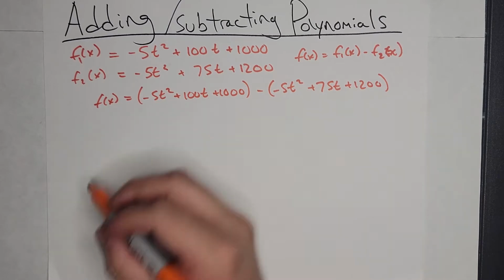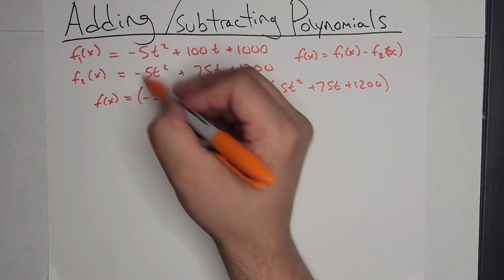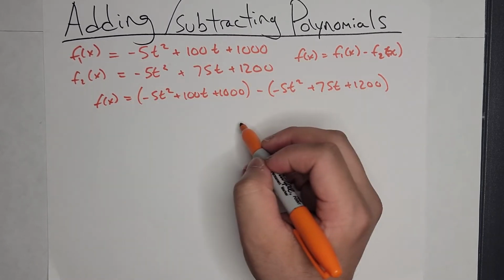And this could easily be simplified down to, if you were to open the brackets, you'd be adding these three. Or you can even just look at this here and just work downwards.